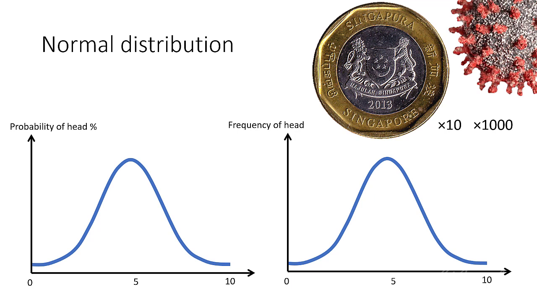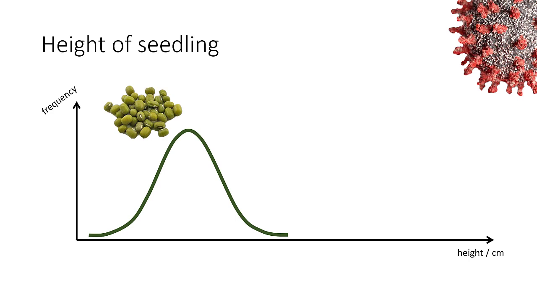To put it in actual context, let's say we plant a packet of green bean and let them grow. Then we measure the height of the seedlings after 5 days.